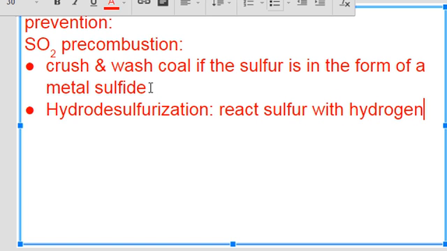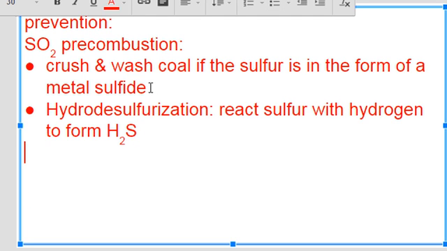So this is when it's in its pure form instead of being a metal sulfide, so you can't just crush it and wash it. So you've got the sulfur in its elemental form. You go ahead and react it with hydrogen to form H2S and remove it from the coal. And then we can actually use the H2S to form H2SO4, sulfuric acid, which is one of the most commonly used acids in all of industry.